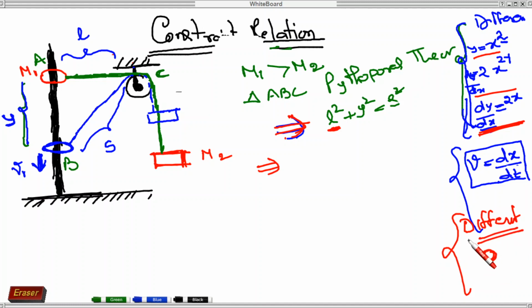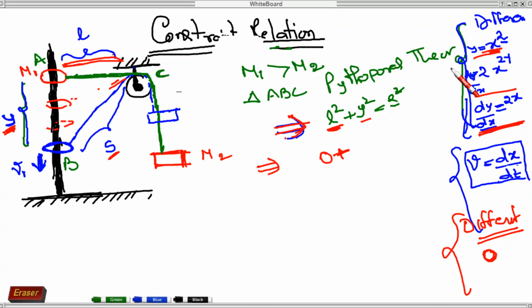Here y is not constant, s is not constant, but L is constant because this distance is constant. Y might be different, s might be different, but L remains the same. So while differentiating, this will become 0.